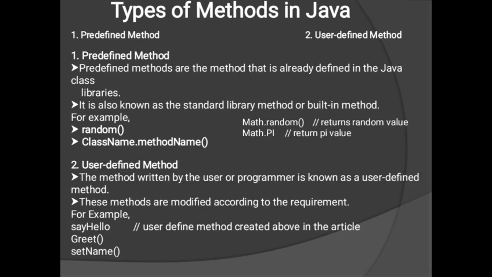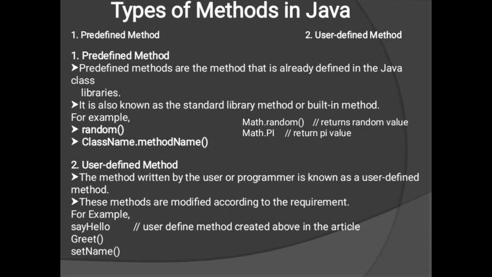Next is types of methods. There are two types of methods: user defined methods and standard library or predefined methods. In user defined methods, you can create new methods based on your own parameters. The standard library method, or predefined method, is a built-in method available to use. Classes in libraries provide these built-in methods.